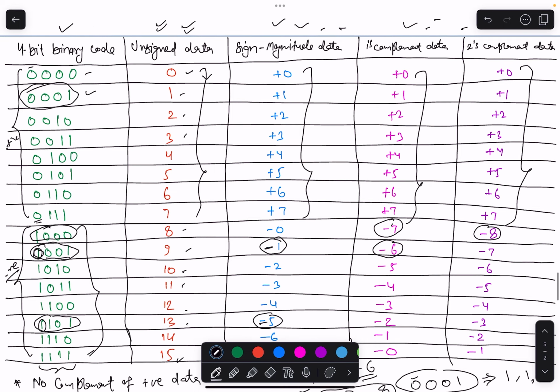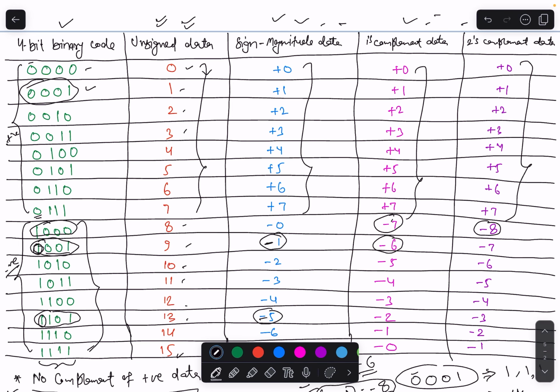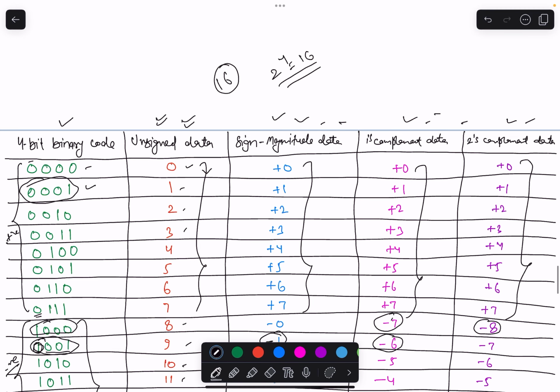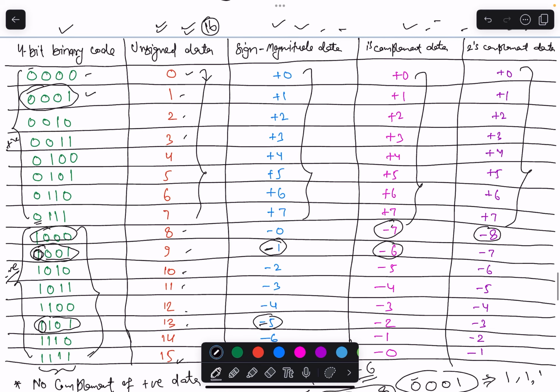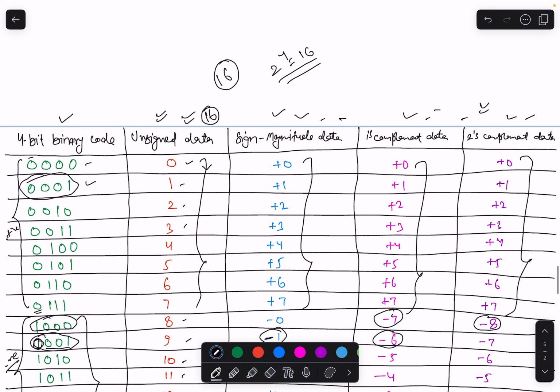In the unsigned data, we are representing from 0 to 15, that is 16 numbers, so it is fine. In the two's complement data, we are representing minus 8 to minus 1 and then 0 to 7, that is 8 and 8 is 16 numbers here as well.